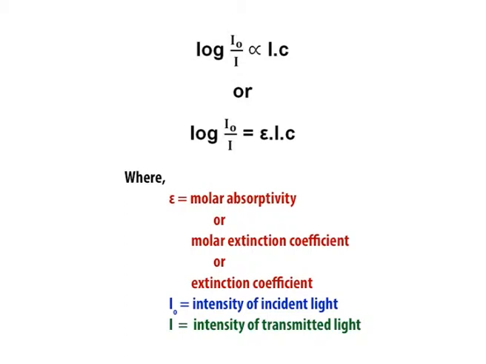I naught is the intensity of incident light and I is the intensity of the transmitted light.